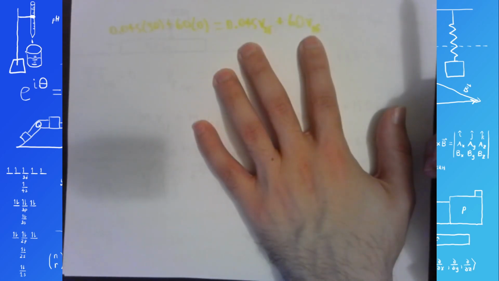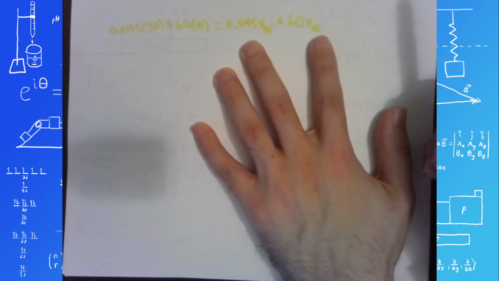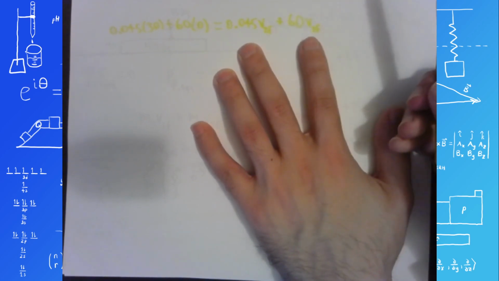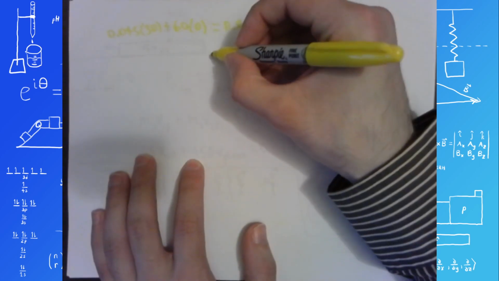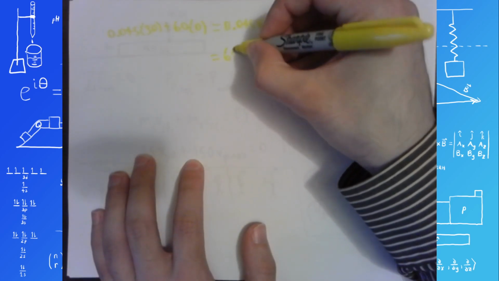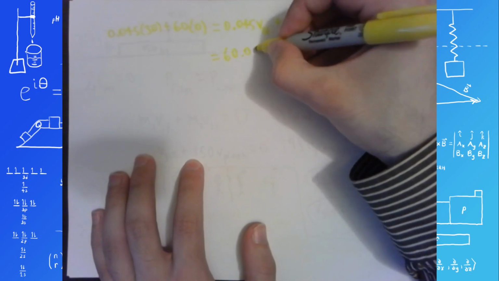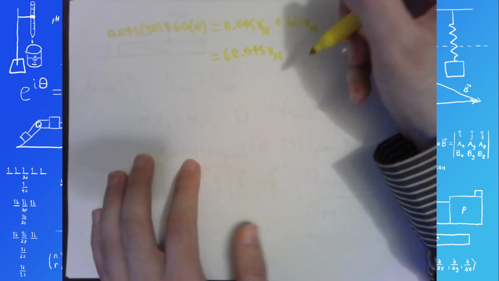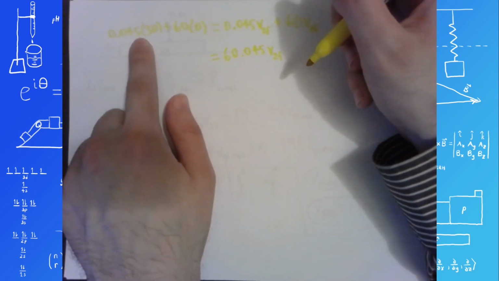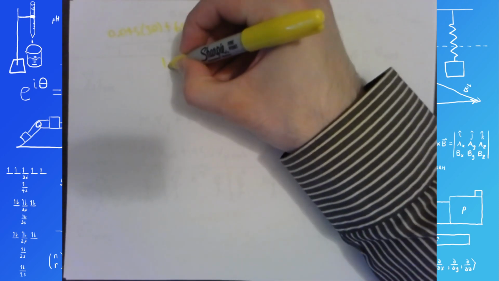Anyway, put these together since we can factor out V2 final, and that gives me 60.045 times V2 final. 60.045 V2 final equals whatever this is. That's going to be 0.045 times 30 is 1.35.